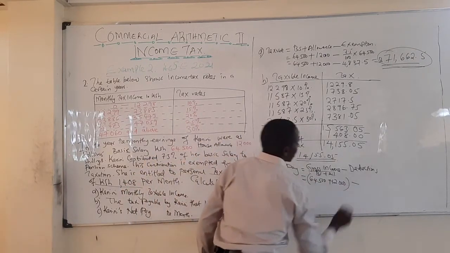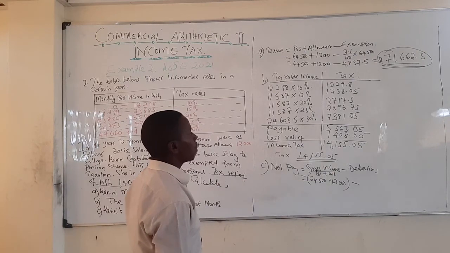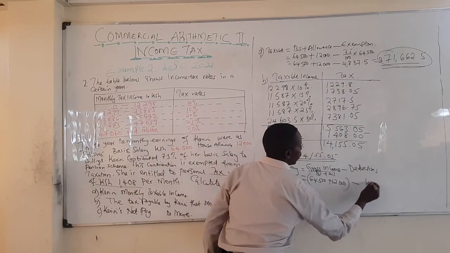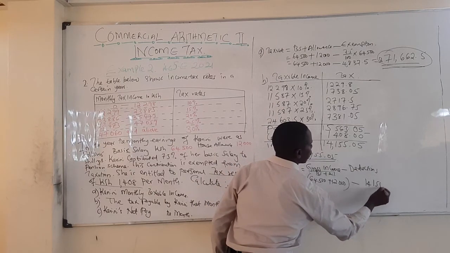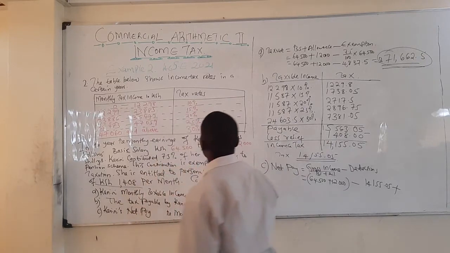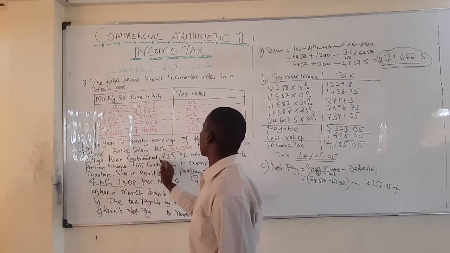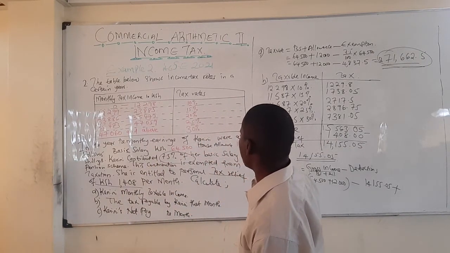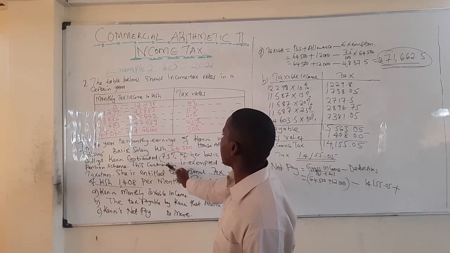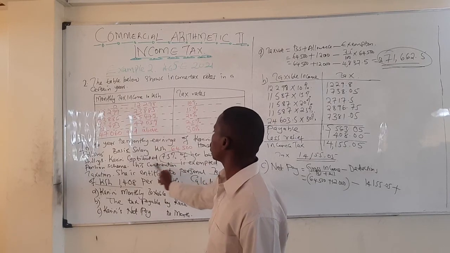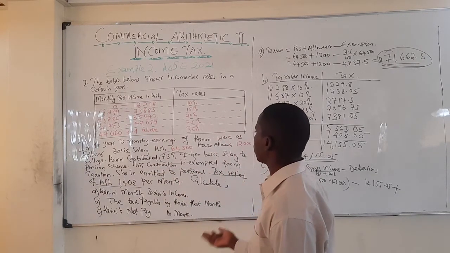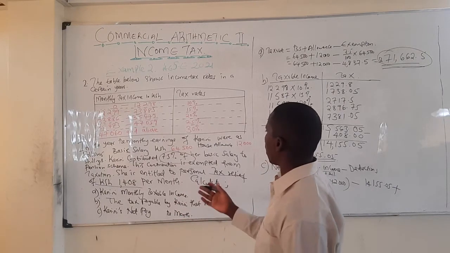Then we subtract deductions. Deductions, we have two of them. Number one, the tax, which is 14,155.05, and this 7.5% of the basic salary. The pension scheme that she was contributing is part of the deduction because it is going to be deducted from her salary.